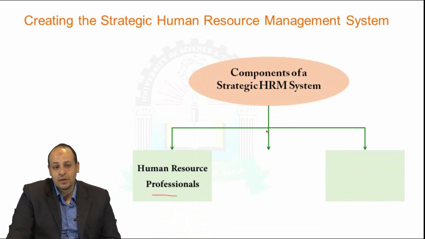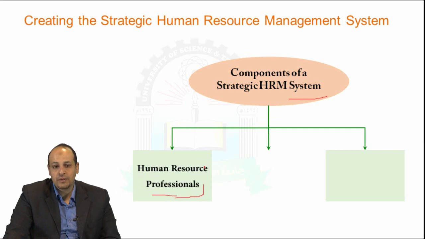Finally, we have the human resource scorecard, which is strategic activity metrics. We refer to metric as a means of measurement we would like to get in order to evaluate the performance of the human resource management.